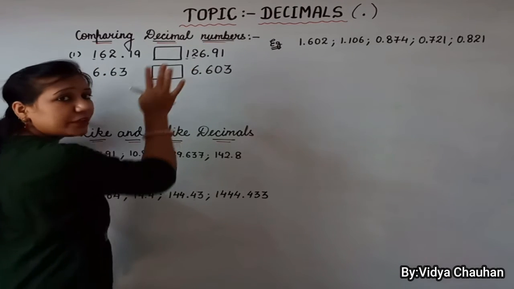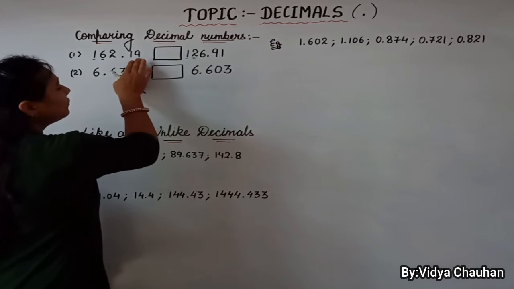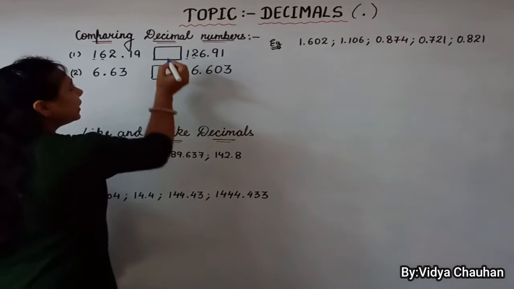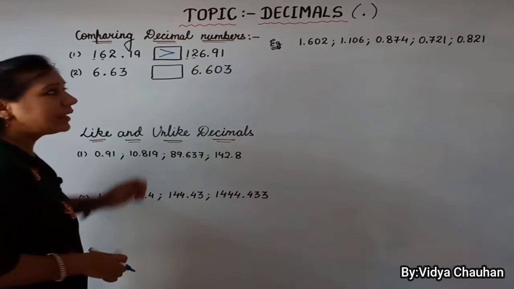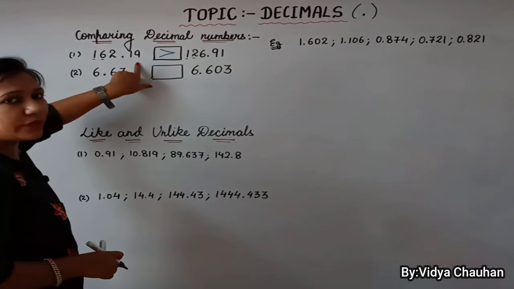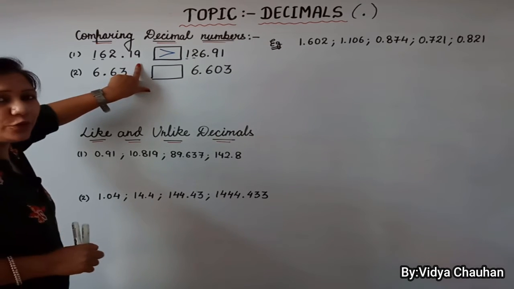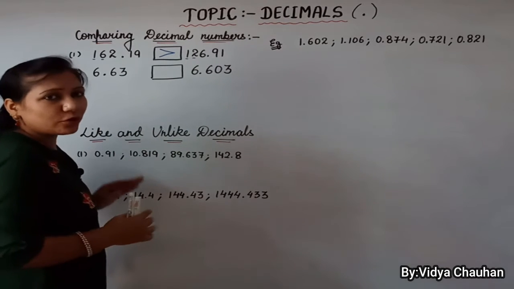That means here only it is clear that 162.19 is greater than 126.91. So I will simply put the sign of greater than for 162.19. Clear students? So whenever decimal numbers are given to you, start comparing the digits from the extreme left of the number.